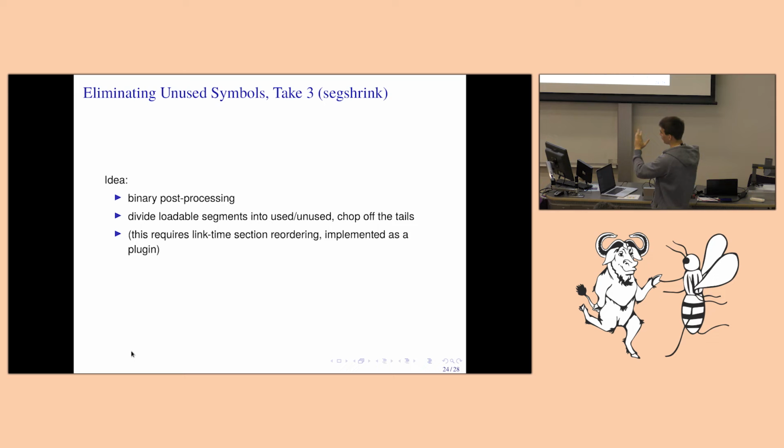If we place all the unused symbols into the tail of the segment, after link, we can post-process it by chopping off the right amount and therefore get rid of the unused symbols and have the desired shrinking.